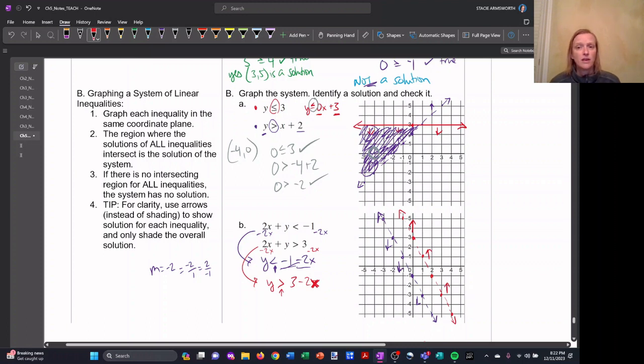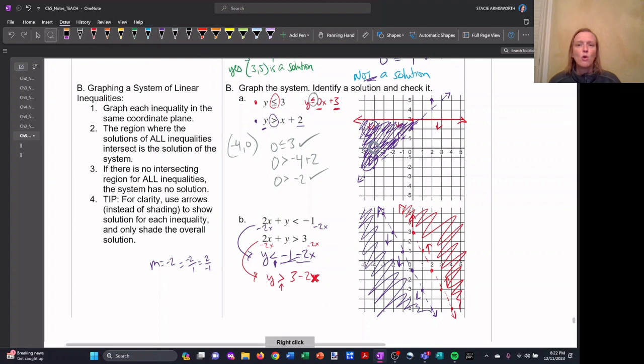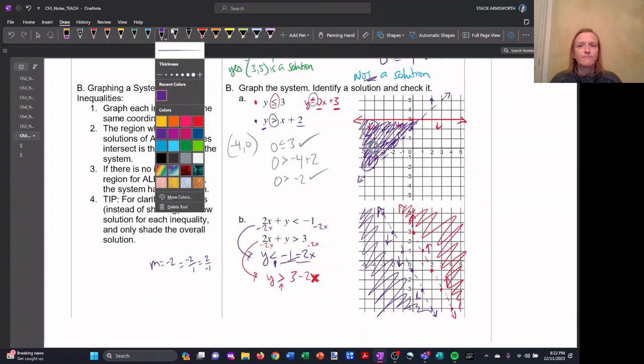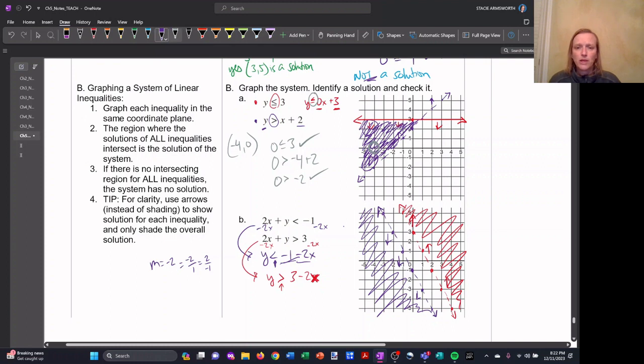So what we have here is a shaded region to the right, a shaded region to the left, and no overlap between the points.